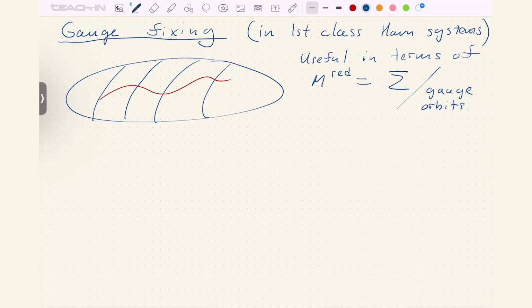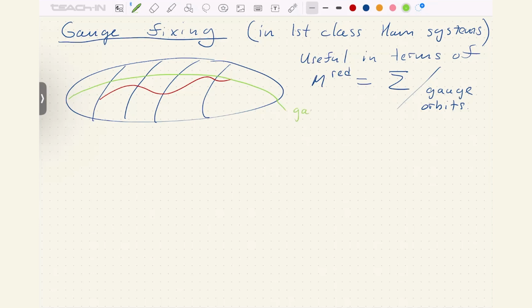So what is an alternative, which can be a little bit approximate, but it's useful, and that's what people do, is to fix the gauge. What does it mean, fix a gauge? Instead of taking a quotient, suppose we could find another surface here.